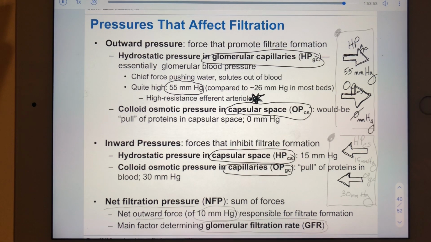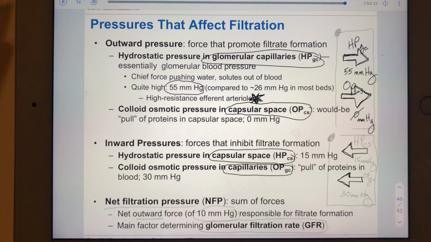Okay? Why? There's always a drain open in this bathtub. The capsular space is always being drained into, or the fluid inside that capsular space is always being drained into the renal tubule. Right? It's not like there's a door or a valve or anything that the filtrate needs to go through in order to enter the renal tubule.